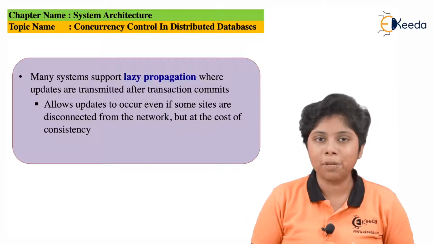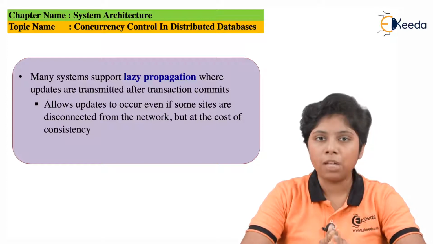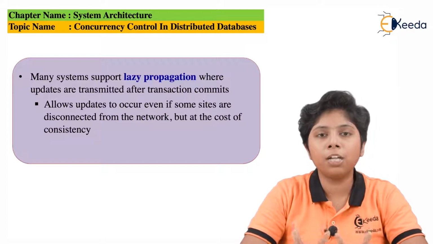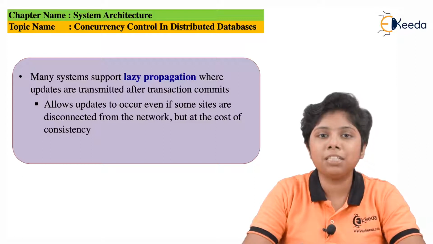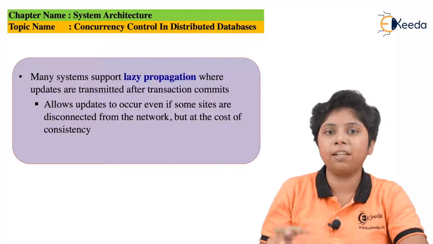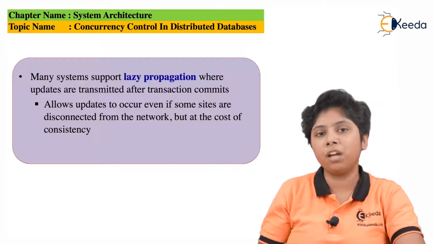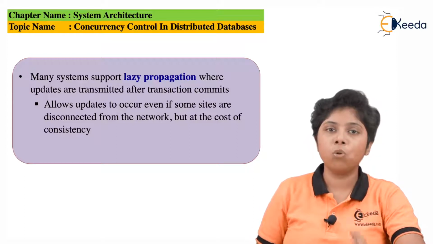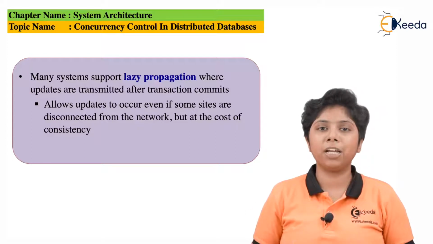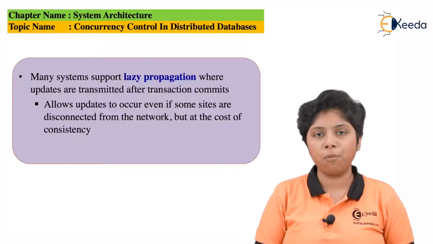So the transaction has Q1 before Q2, but as both of them are running parallelly and updating each other in concurrent execution, it can happen that the updated result of Q1 is not received by Q2, which is undesirable. So the second approach of lazy propagation may face this type of problem.